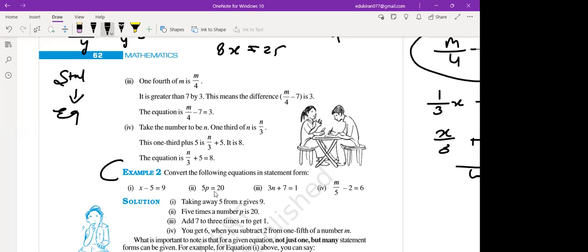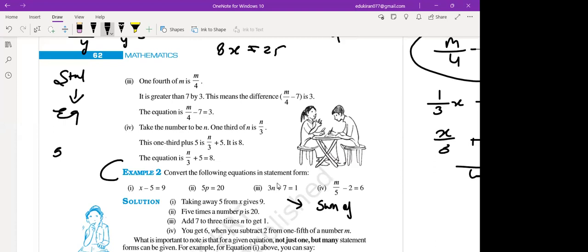Here, 5 times p is 20, or multiply. The third one can be written like this: the sum of 3 times n and 7 is 1.